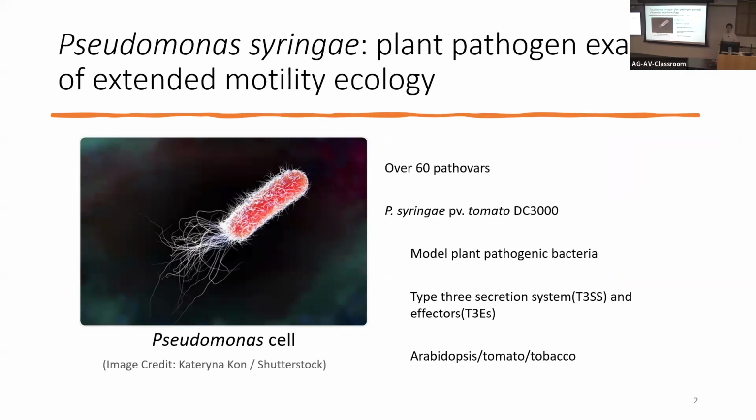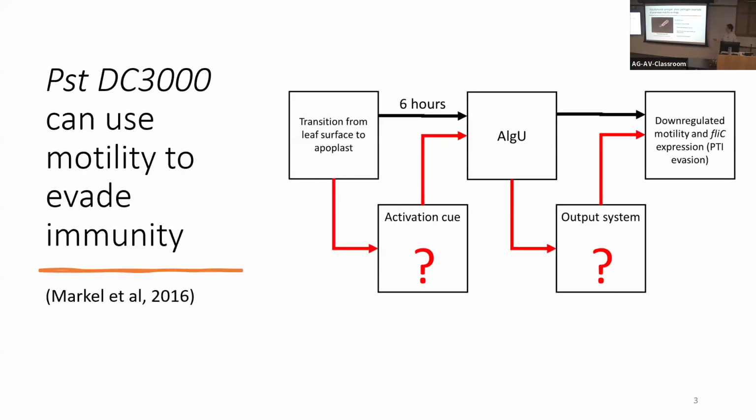But today I'm going to talk not about the virulence part of it, but the motility part of it. I got into this because when I joined the lab back in 2017, the Swingle Lab had already been working on motility for a while. This is the result at the time when I joined the lab, where Pseudomonas DC3000 uses its motility to evade plant immunity, especially PTI, which is where the plant is detecting flagellin.